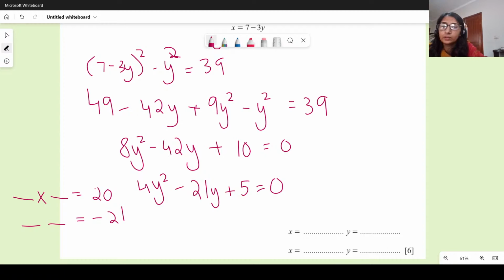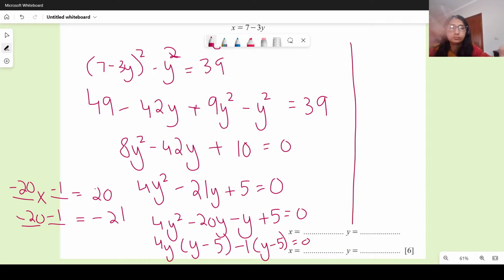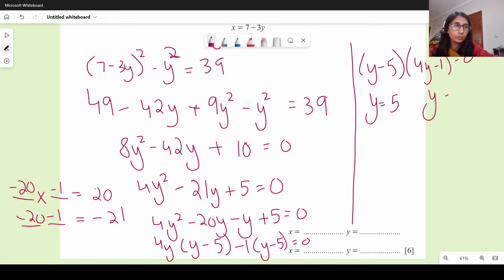So it could be minus 20 times minus 1 gives 20, minus 20 minus 1 gives minus 21. 4y squared minus 20y minus y plus 5 equals 0. 4y can be taken common, (y minus 5); minus 1 can be taken common, (y minus 5) equals 0. So (y minus 5)(4y minus 1) equals 0, which gives me y equals 5 and y equals 1 by 4.